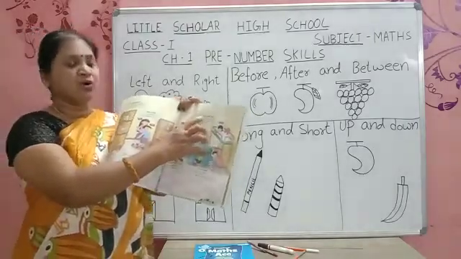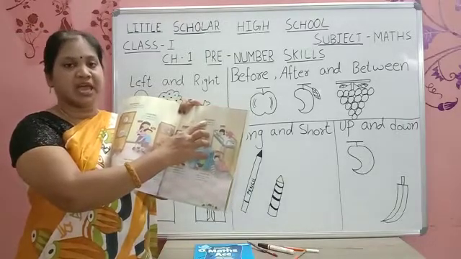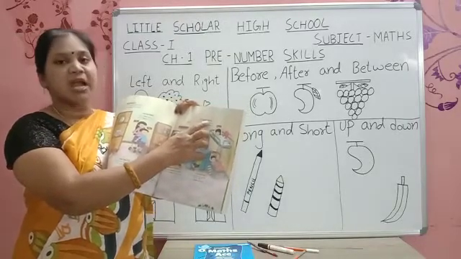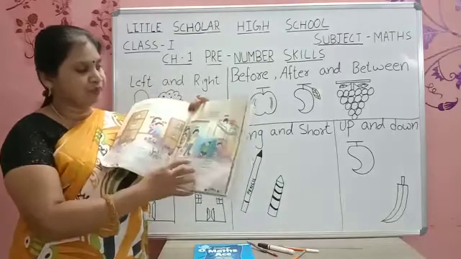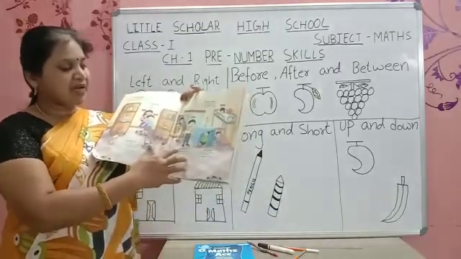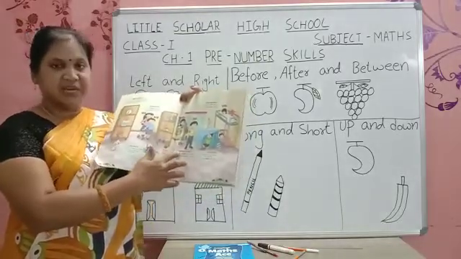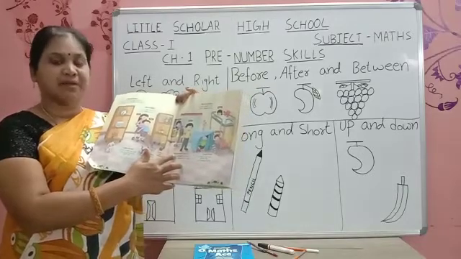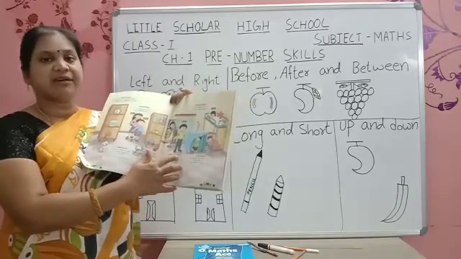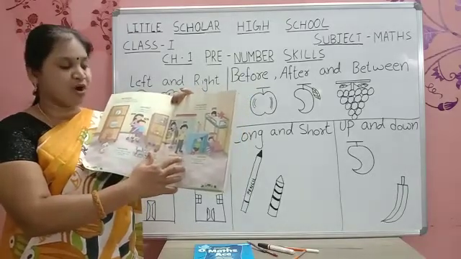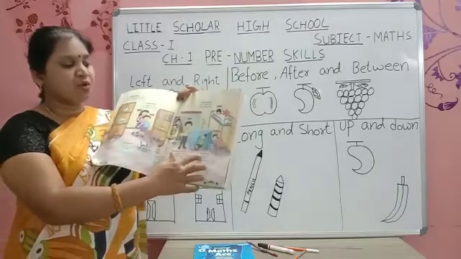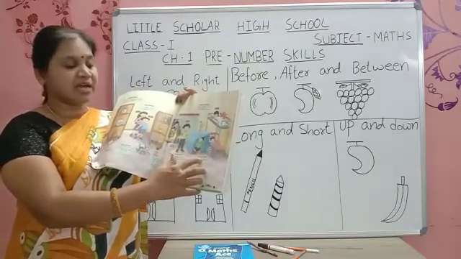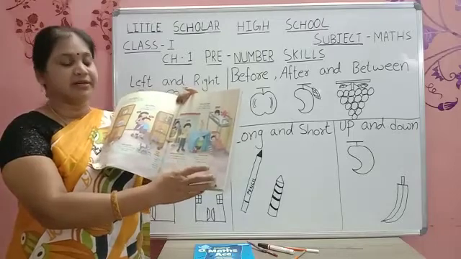Above and below. A-B-O-V-E, above. B-E-L-O-W, below. Behind and in front of. B-E-H-I-N-D, behind. I-N, in, F-R-O-N-T, front, O-F, of, in front of. O-N, on, U-N-D-E-R, under.